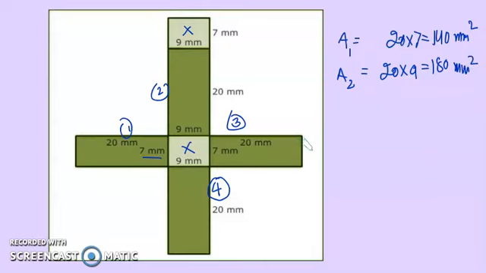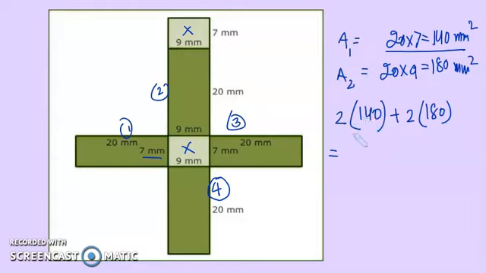Now you must note that there are 4 total faces, and we have found the areas, so we will have to multiply each of them by 2, because there are 2 faces of 140 square millimeters. Similarly, 2 faces of 180 square millimeters.